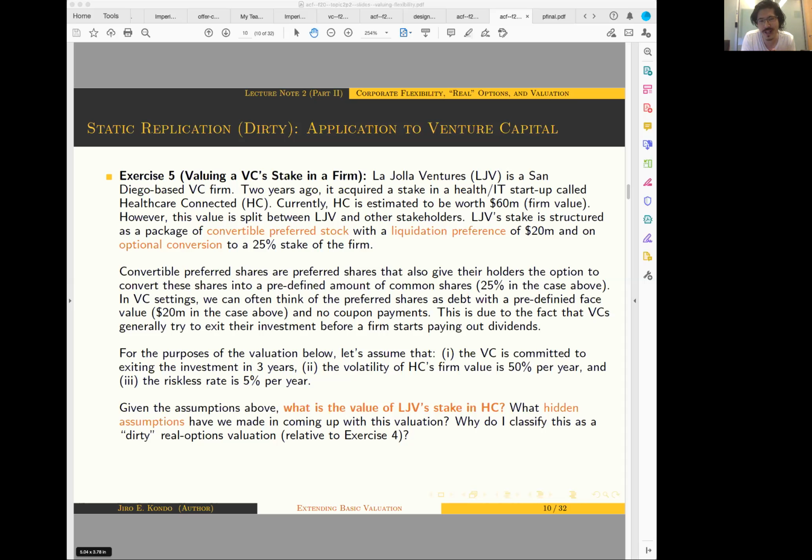One is to show you an example of clean versus dirty. Another goal is to give you another example of static replication, right? And then a third goal is to, in the process of doing that, also teach you a little bit of VC for almost free, right?